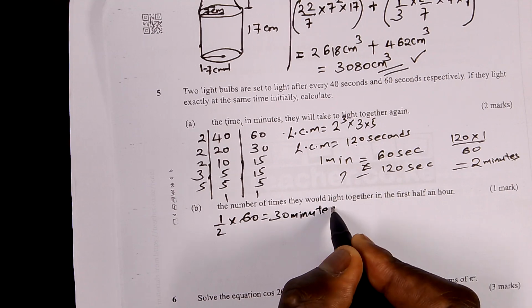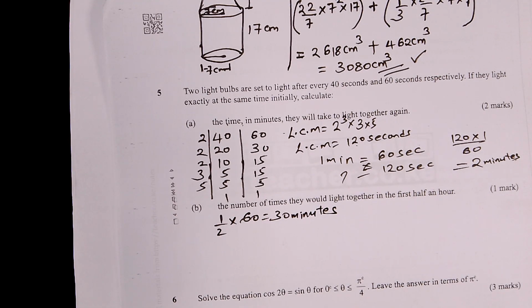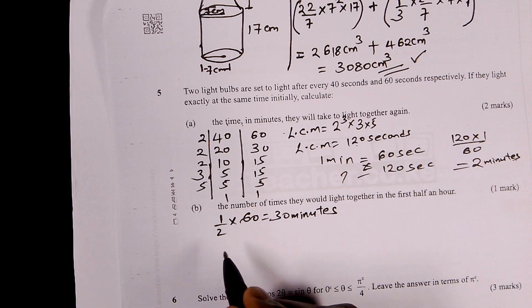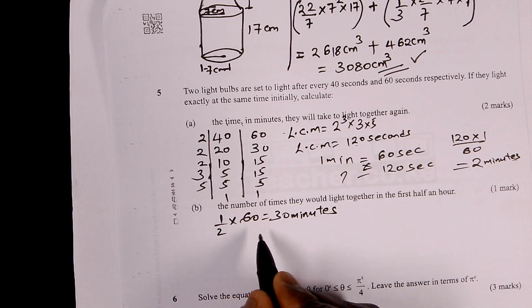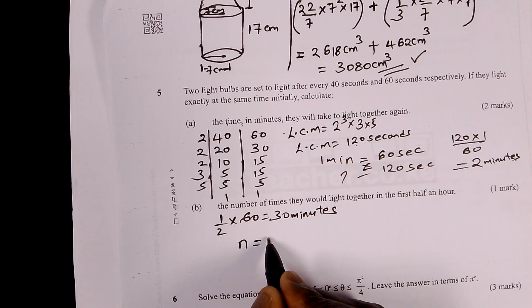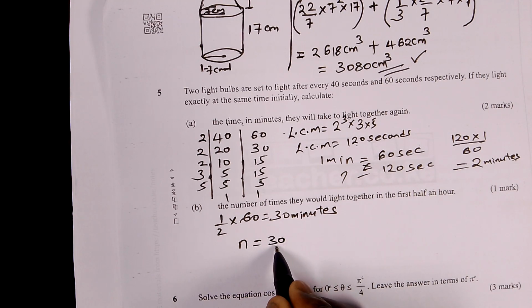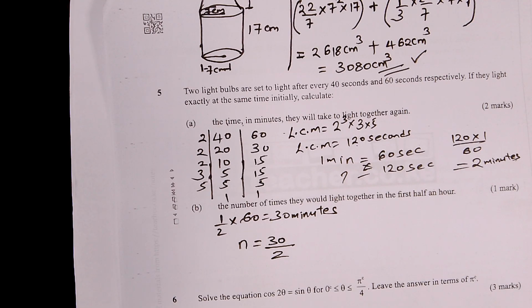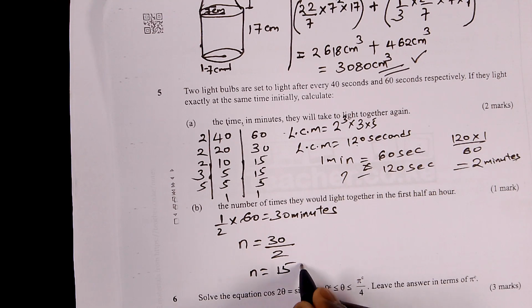And if the two light bulbs light together after every 2 minutes, that simply means that to determine the number of times they are going to light, it will be the total time, that is 30 minutes, divided by the interval of 2 minutes, and we will have our n as 15 times. And by doing that, we are done.